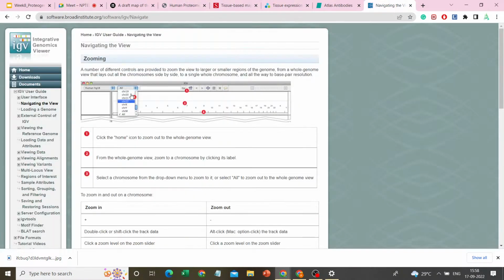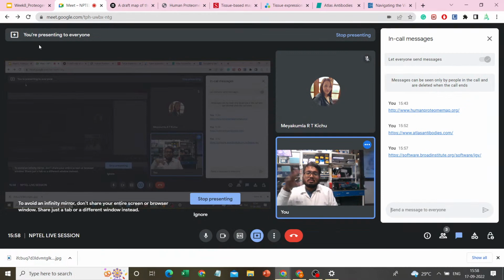Here you can check that you can zoom and look at the data chromosome-wise. The important thing is to look at your data chromosome-wise. If you are interested in a particular chromosome, you can go to that chromosome, otherwise you can easily go to different chromosomes and look at the whole data.